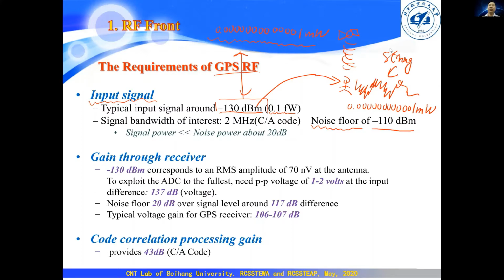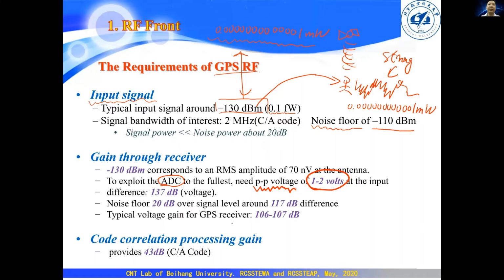So what you need to do is to make a gain by signal processing technologies in the receiver. You need to amplify the signal at first so the receiver can process it. Commonly our digital chips, for example the ADC, need a peak-to-peak voltage of 1 to 2 volts.